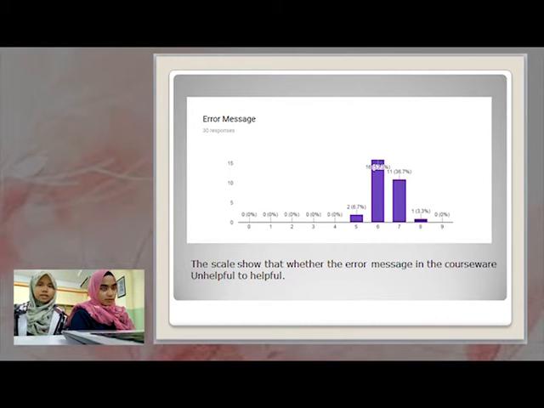Okay, for the error messages, the scale shows whether the error messages in the courseware are unhelpful to helpful. The scale is 5, 6, 7, and 8. The majority put scale 6, which is 16 out of 30 respondents.